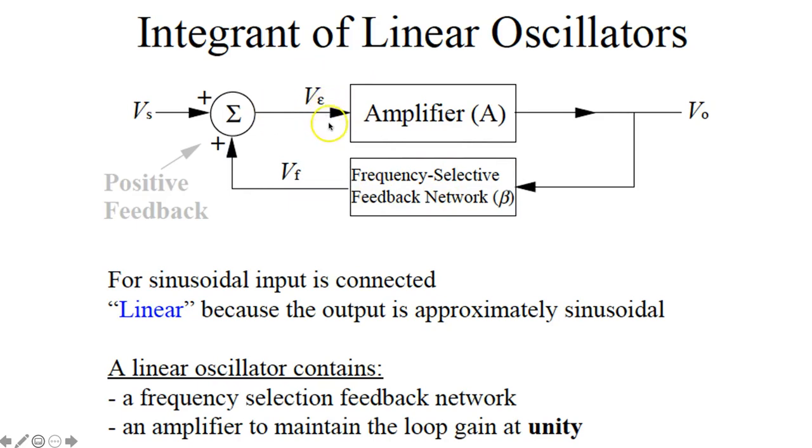Now let's imagine the feedback signal is being added to the input, and at the same time the input signal, which is this Vs, is removed from the circuit. So if it is removed from the circuit, what is happening? You are providing Vf, the feedback input, which will act as the input for this amplifier.